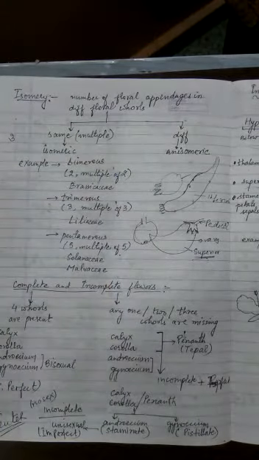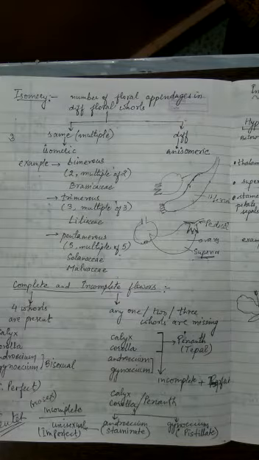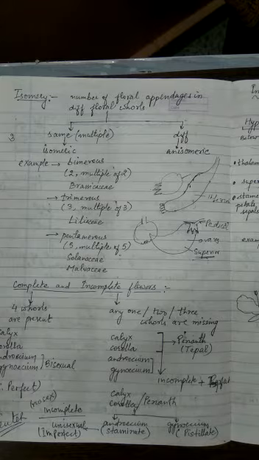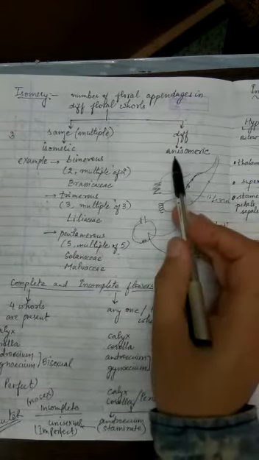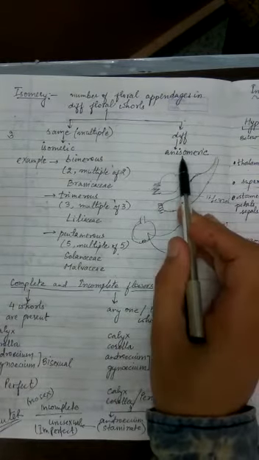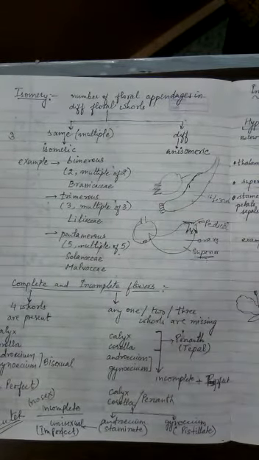Example, sepals are 3, petals are 3, stamens are 3, then you will call such a flower isomeric. But sometimes sepals are 3 in number, petals are also 3 in number, but the stamens become 4 in number. Such a phenomenon would be called anisomery, and such flowers would be called anisomeric flowers.